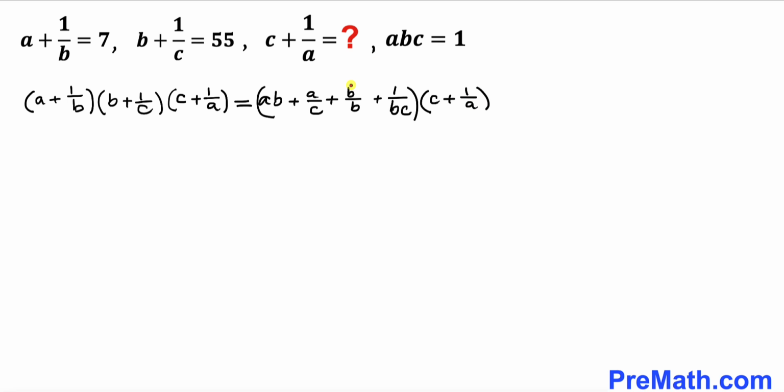And now we can see b divided by b is the same as 1. As you can see in this next step, I have replaced b divided by b with 1.